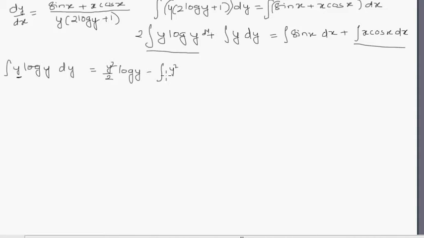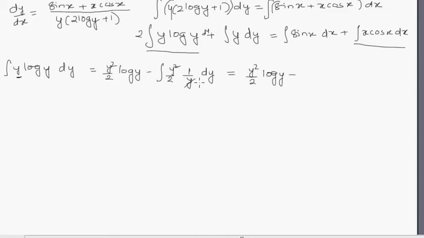So y square over 2, and now I differentiate this part. The differential of log y is 1 over y dy. Then I simplify it right here: y square over 2 log y minus, now y and the square get cancelled, so y over 2 dy.